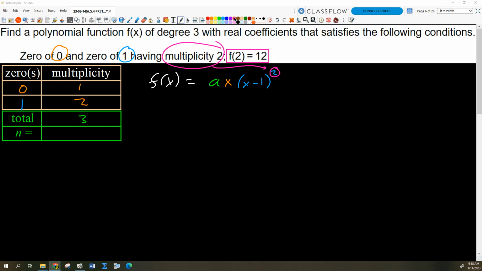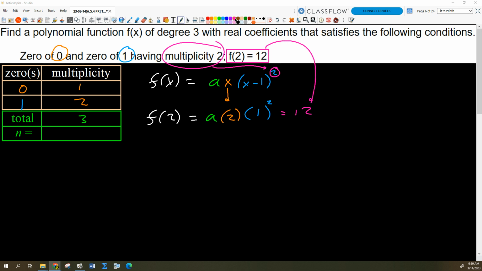If I input 2, I'm going to get a times 2, right, is the value of that factor. What's the value of the blue factor going to be if I input a 2? Yeah, it's going to be 1 squared, which is just 1, right? Okay, but what's the output supposed to be? F of 2 needs to equal what? 12. Aha. That's got to equal 12.